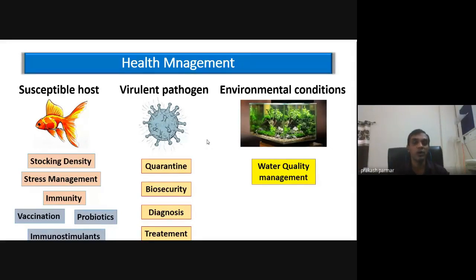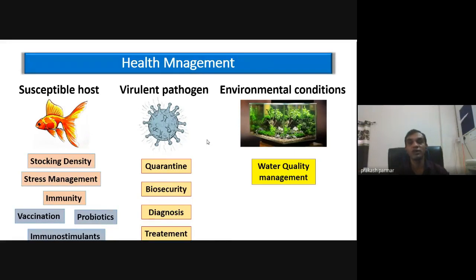So probiotics are also a good idea for health management. This way, by building immunity and reducing stress, we can save our host and do the health management. Okay, what can we do for the pathogens?